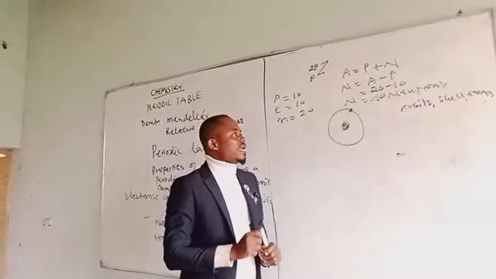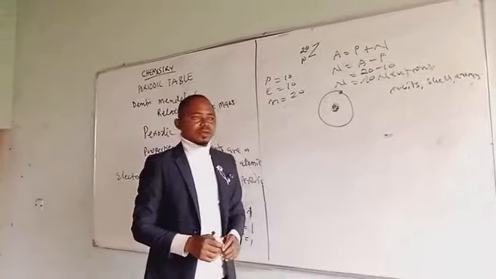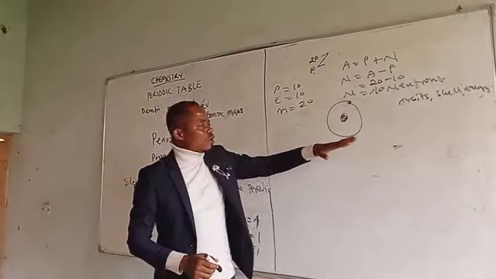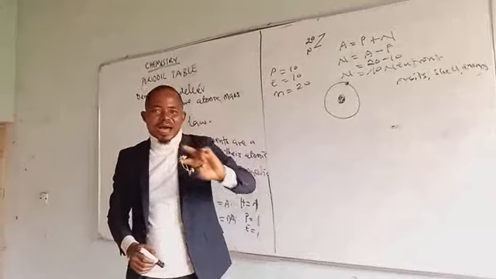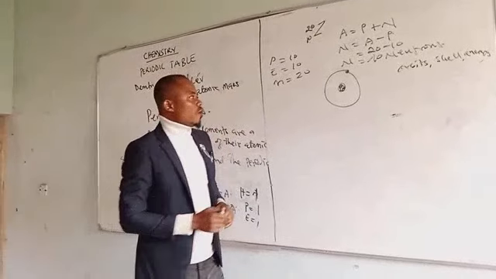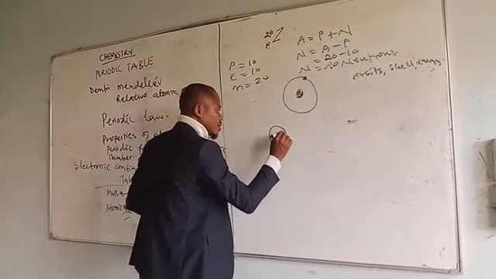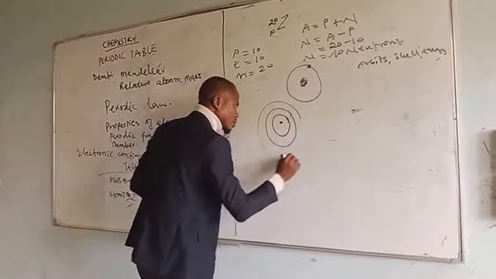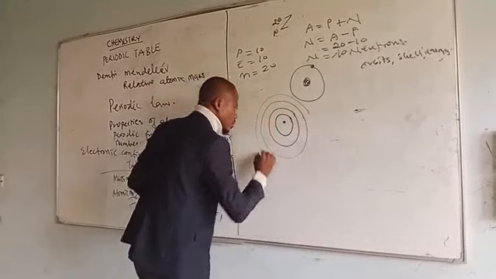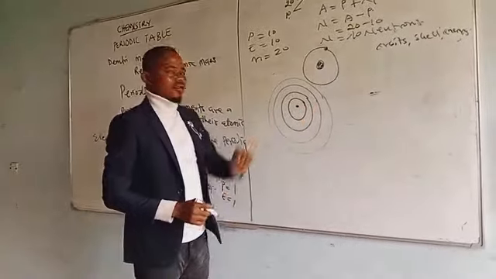And that's why we say it is quantized. When we look at quantum mechanics, you understand what we're talking about. Now, if you understand quantum sublevels very well, you know that each energy level has a particular amount of energy. So the shell closest to the nucleus has the least amount of energy, followed by the second, third, and the fourth.